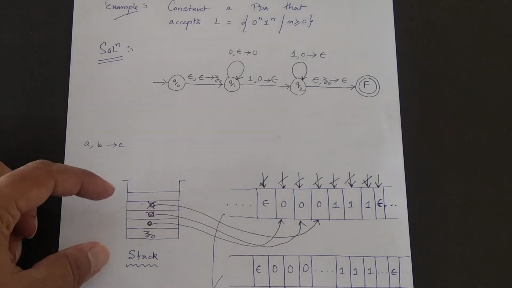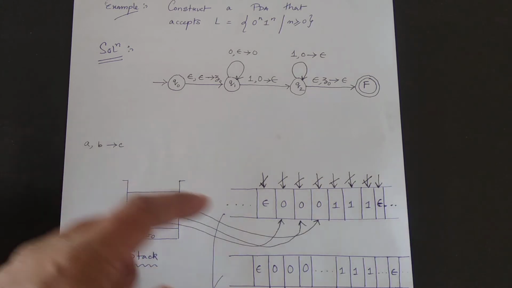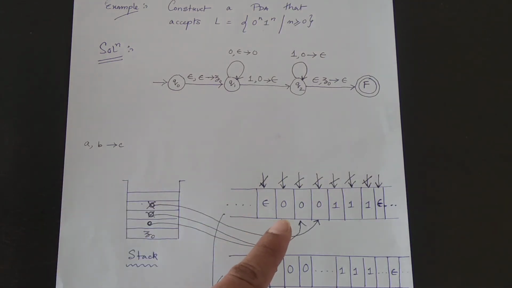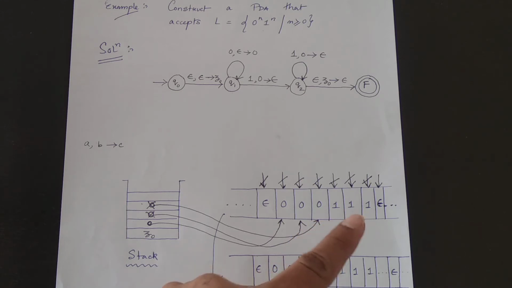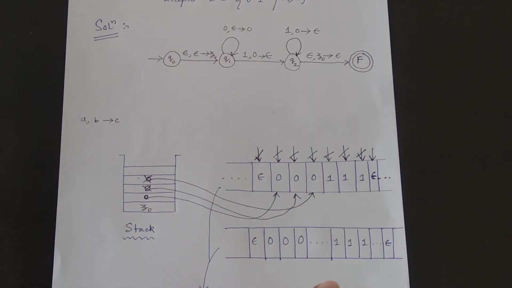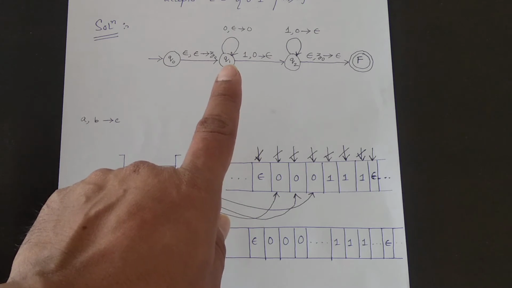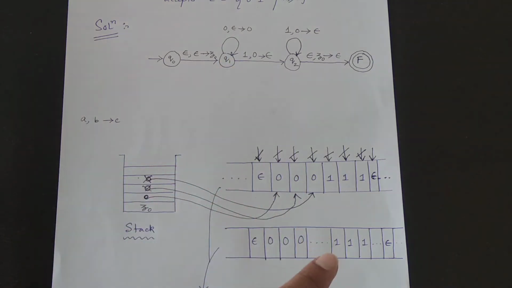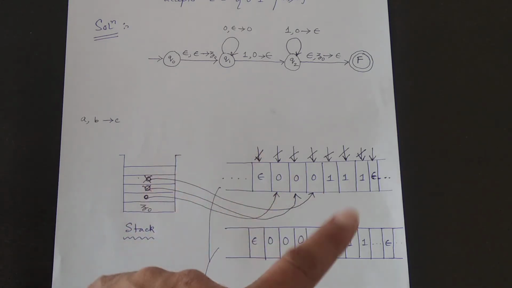This is used as a part of memory in order to memorize n number of zeros followed by n number of ones. The same process, check it out for n number of zeros. Correct? These zeros will be continued in this self loop. And then once 1 is read, one by one these 0s will be popped from the memory.